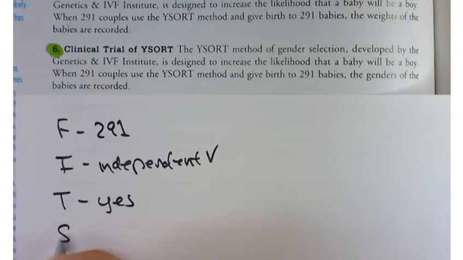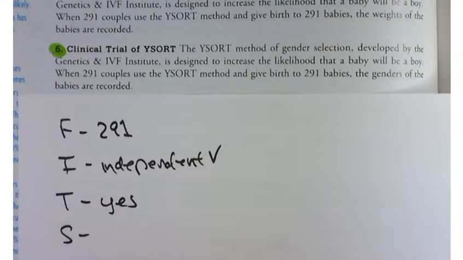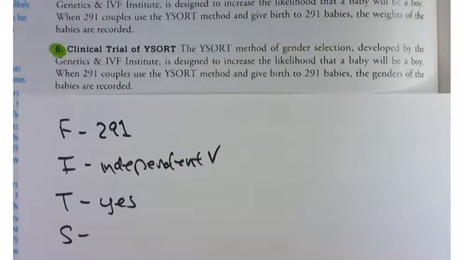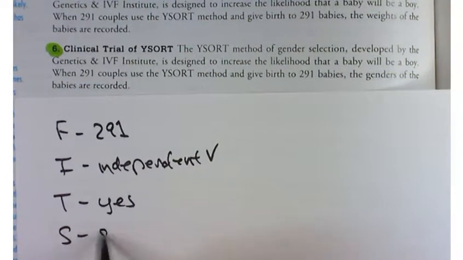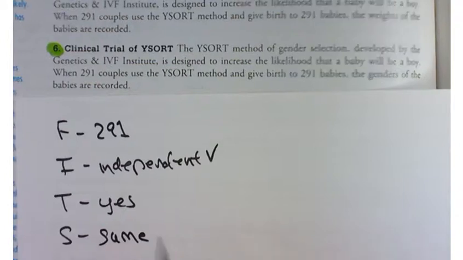And has that probability changed throughout the trial? Well, now this method may have an effect, but that effect I think would be the same on all the couples, right? So the probability of success, while we might not know what that is, at least from this small little blurb of a problem, I think that probability would be the same for all the couples.